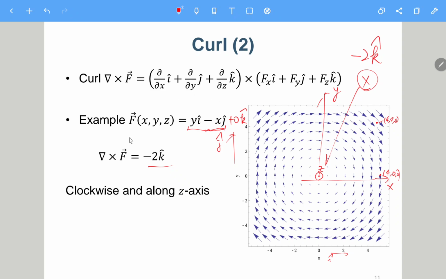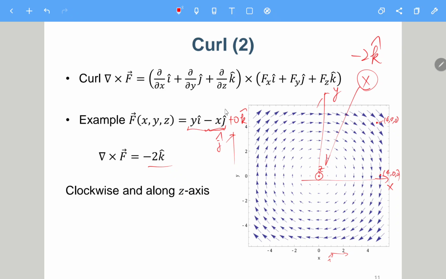So this tells you that the curl of the vector field is how the vector field is rotating. Here you can see this is clockwise, because if you use your thumb pointing into the page, your other fingers are clockwise. So you don't really need to draw it out.